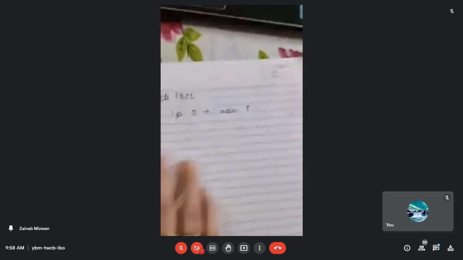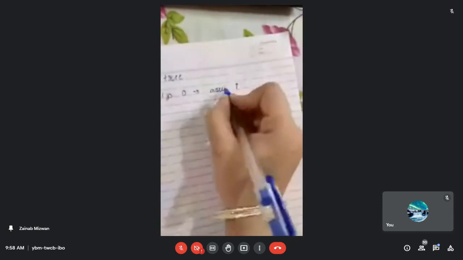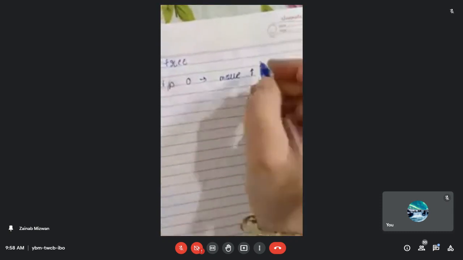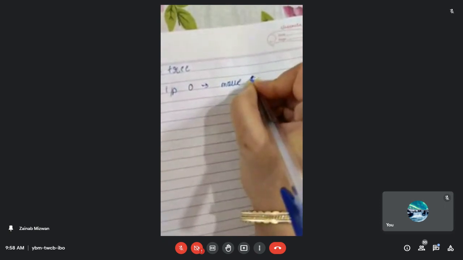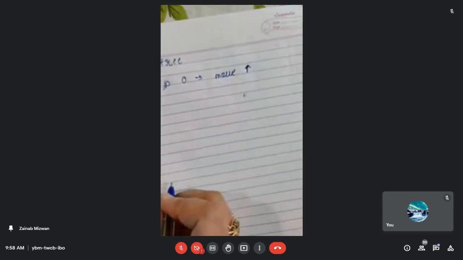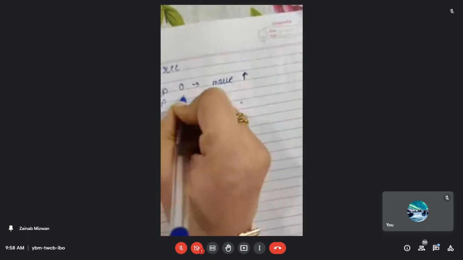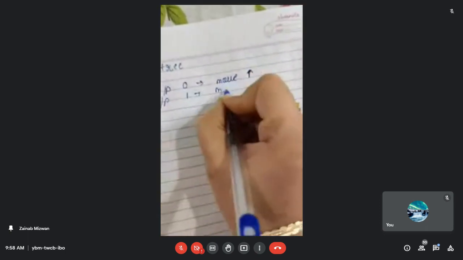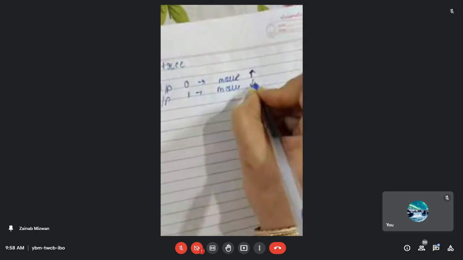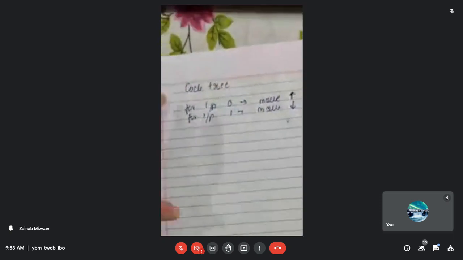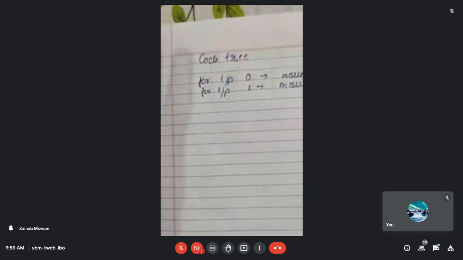When the input is 0, we will be moving in the upward direction. And for input 1, move in the downward direction.